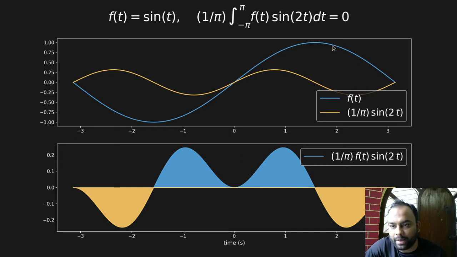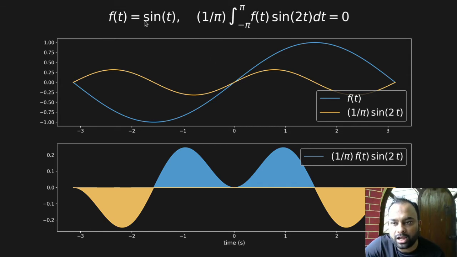If I multiply the signal, which has only a 1 radian per second sinusoidal component, with a sinusoid of 2 radian per second frequency, and calculate the area under the curve, we will see that it is actually 0, because the positive areas are equally cancelling out the negative areas. So the integration is 0.